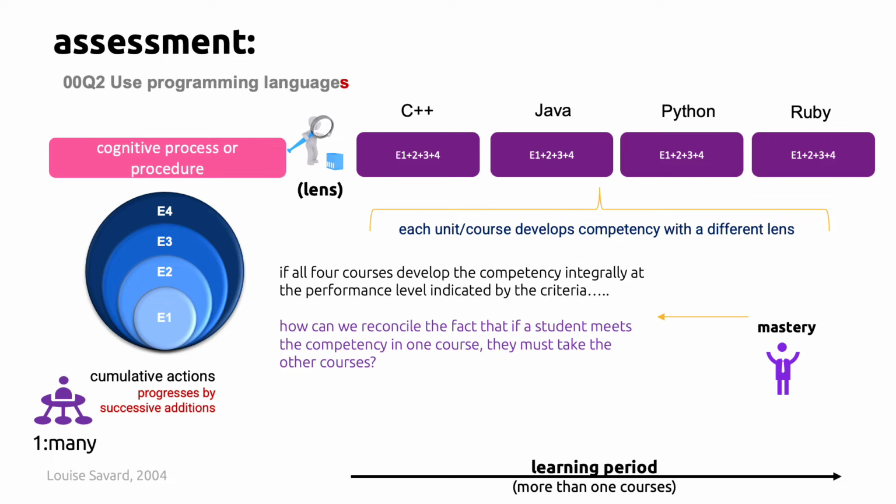Well, that is because the program deemed that to develop this competency in more than one programming language, it takes 240 hours. And it's important to make a clear statement that the competency is considered achieved if a student passes all 4 courses, provided, of course, that each final evaluation is summative and integrative in nature.